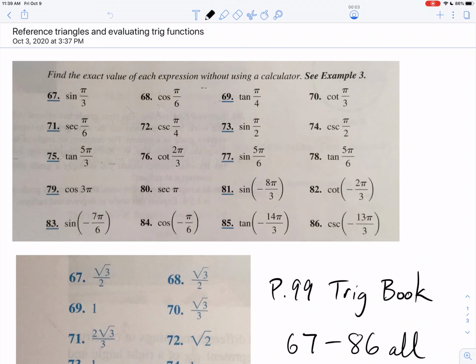Okay, guys, the last lesson I had you look through mentioned something called the ASTC rule, and it also mentioned something called quadrantal angles. So this is a super big concept that we use throughout the rest of this class.